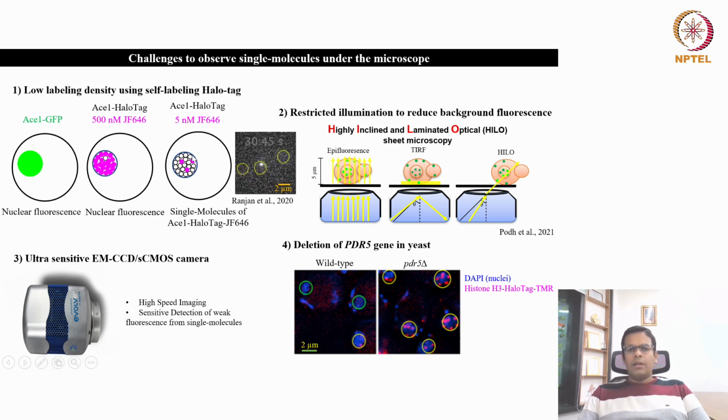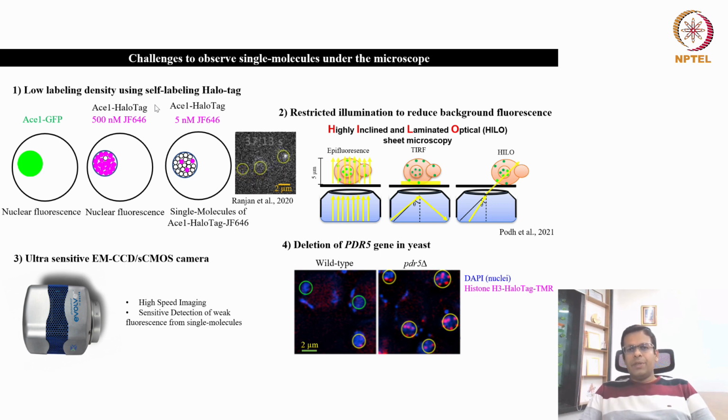Okay, you need a very low amount of molecules which are labeled, and for this kind of controlled labeling, you have to use this kind of self-labeling halotag. Okay, so halotag is nothing but a small protein moiety of 33 kilodalton.